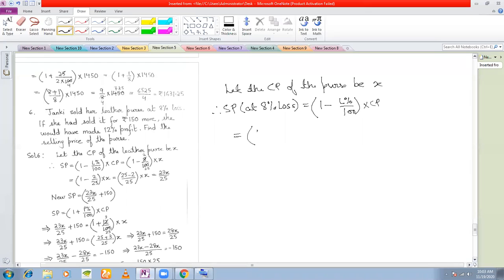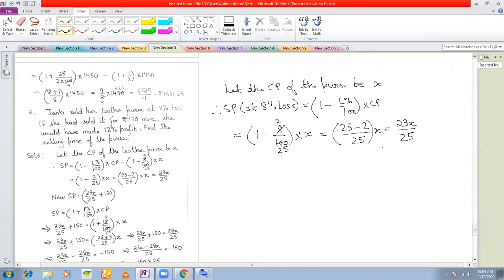So this will be 1 minus 8 by 100 into X, which is equal to 23x by 25.